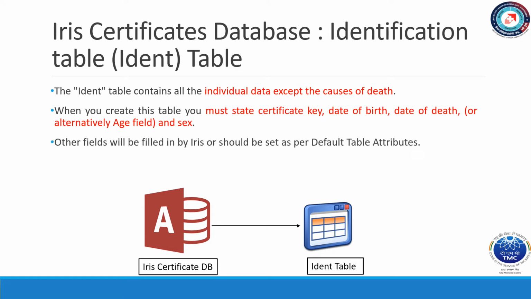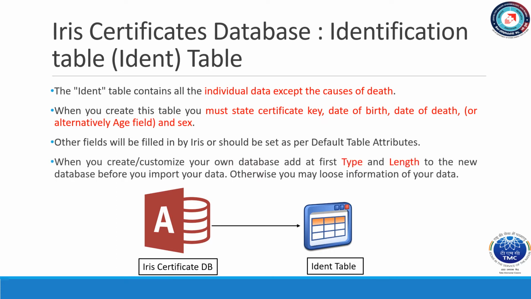Other fields will be filled by Iris or should be set as per default table attributes. When you create your own database, add at first type and length to the new database before you import your data. Otherwise, you may lose information of your data.